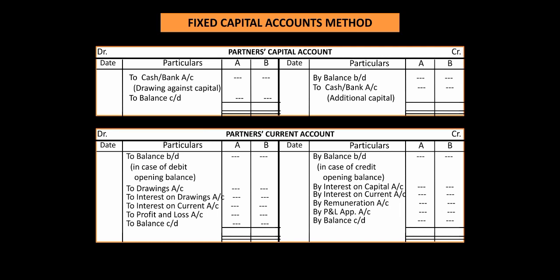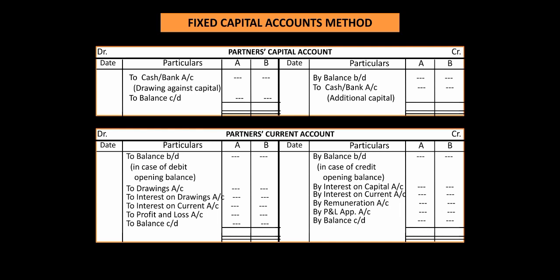So the expense will be more and our balance CD will come on the debit side. Once again, as in capital account, we cannot withdraw the whole of our capital except in the event of winding up. So the capital balance can never be zero or negative.